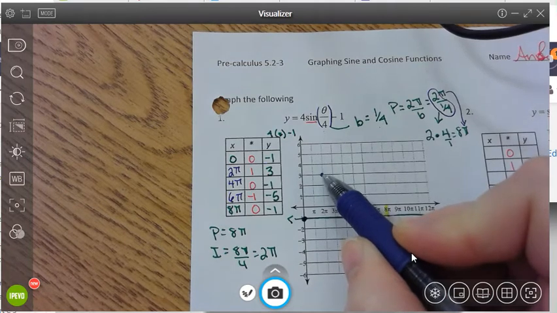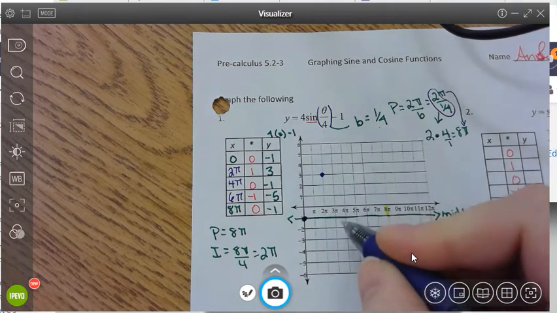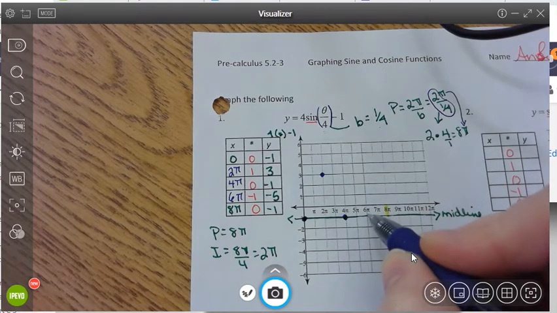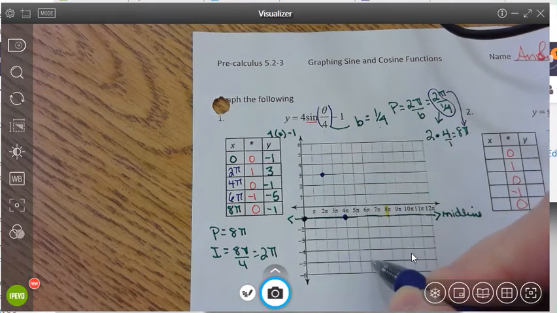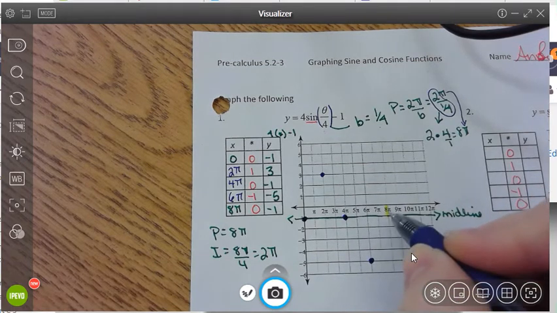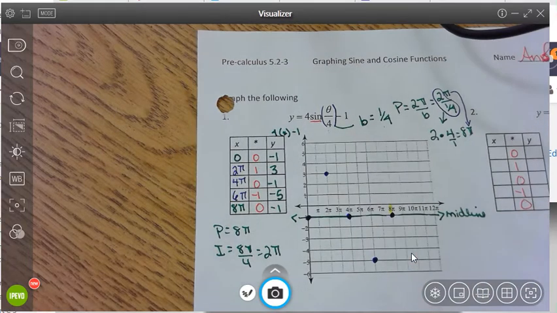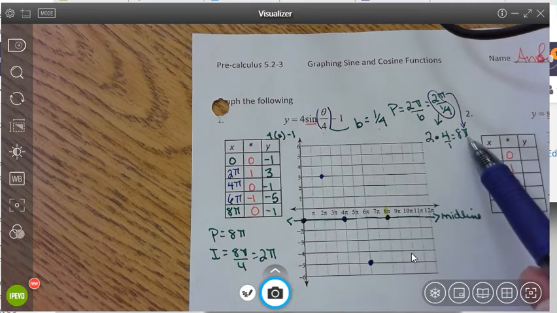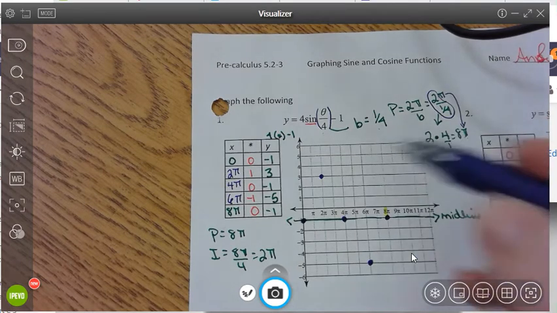It's right there. Then I go to 4 pi, which is here, and I'm at -1 again. At 6 pi, I'm at -5. Boom. At 8 pi, I'm back to 0. And notice 8 pi is where I highlighted because that's where I had to be finished off. Okay? So I've got it right there.